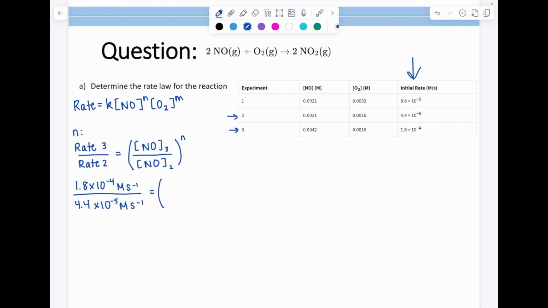This is equal to the concentration of NO for experiment 3, 0.0042 molar, divided by the concentration for experiment 2, 0.0021 molar, raised to the power of n. The left side of this equation is equal to 4. On the right side, if you simplify that fraction, you'll get 2. So that is to the power of n.